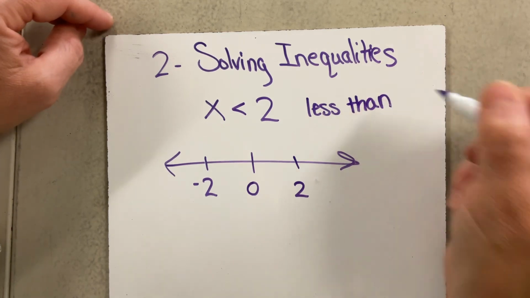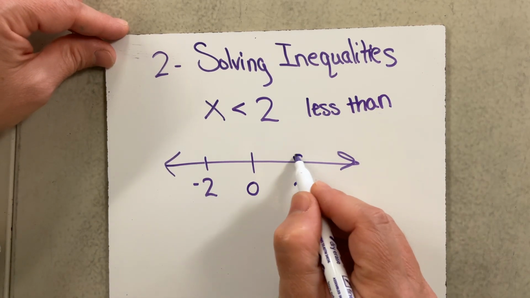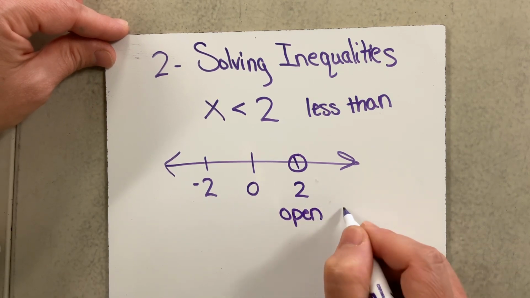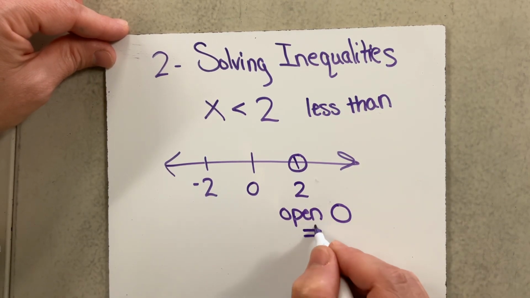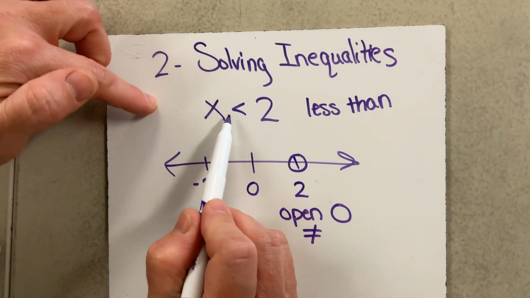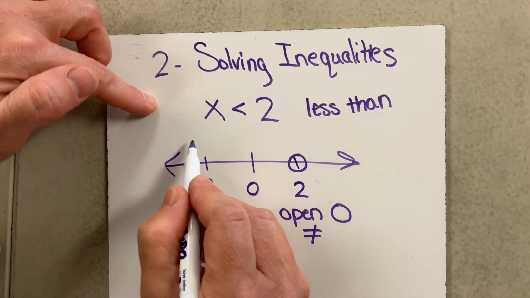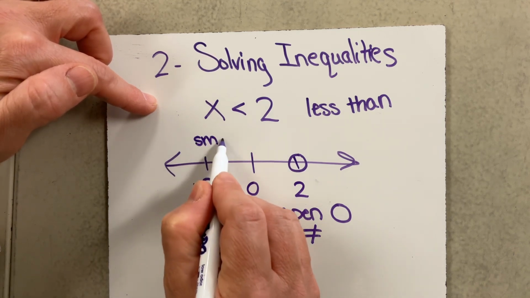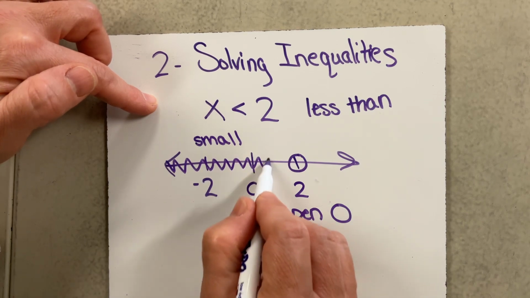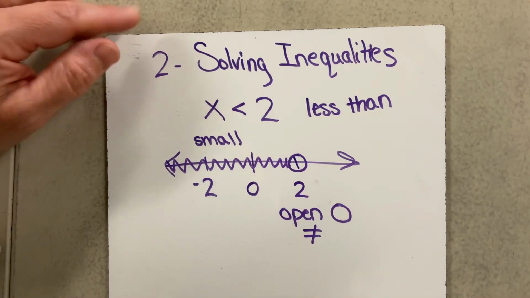No. Since it does not equal, we're going to put an open circle. An open circle is when it does not equal. Now, x is on the small side, so we're going to go towards the smaller numbers. So we're going to color this in because we're going towards the smaller numbers.